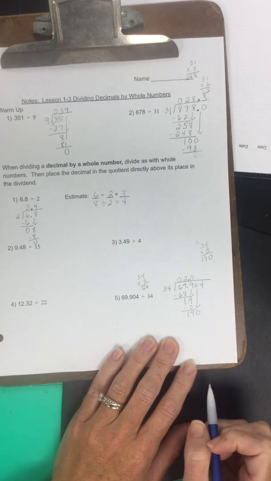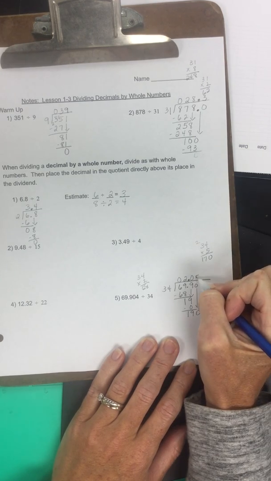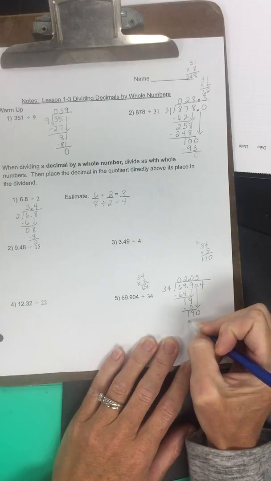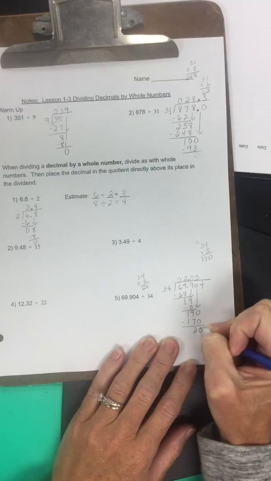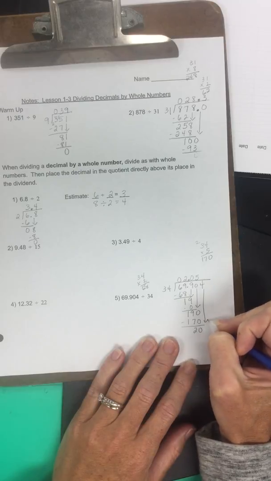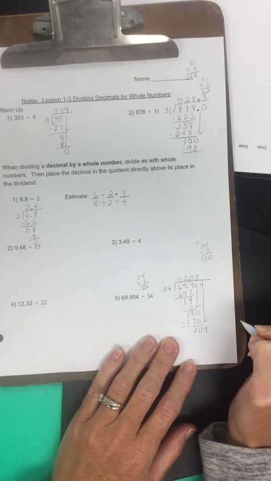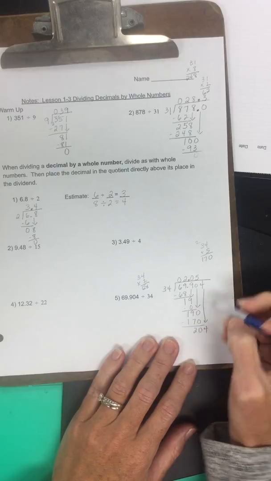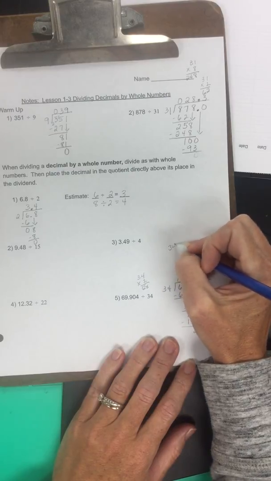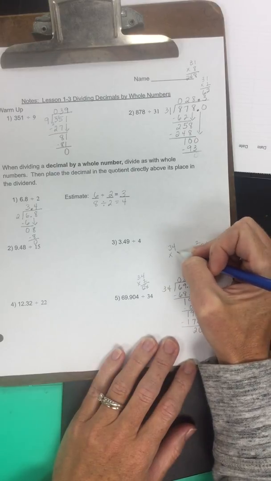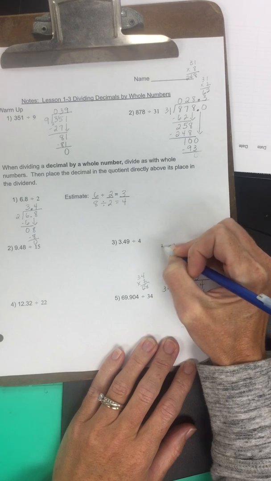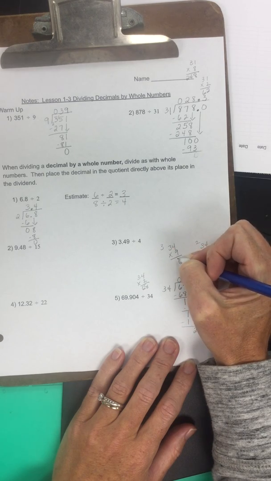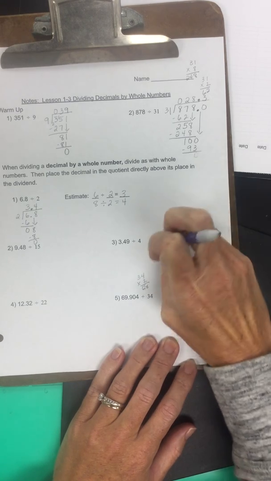I believe that's about as close as we can get. So we'll put a 5 up here. 5 times 34 is 170. Subtract, we get 20. Bring down the 4. And 34 now into 204. Oh no, that wasn't very smart.